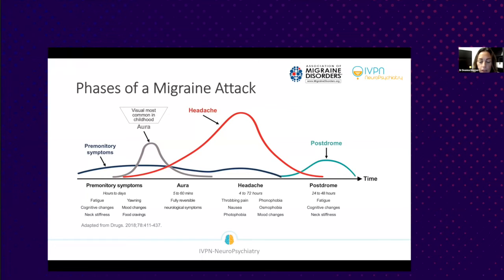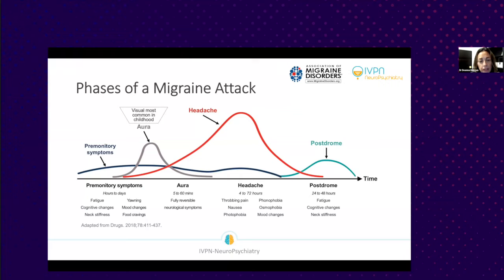The cortex changes that are happening in the occipital lobe would result in a visual aura. In the parietal areas, a sensory aura, and in temporal areas would result in a language symptom related to the aura.